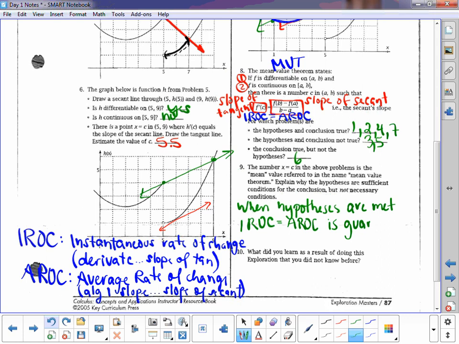It must happen. That doesn't mean it can't happen other times, but we just don't know for sure. Here, though, if it meets differentiable and continuous, we know for sure, without a shadow of a doubt, that we will have the instantaneous equals the average at some point.